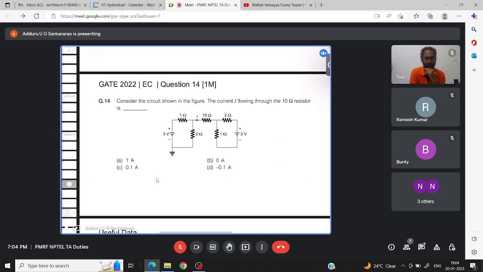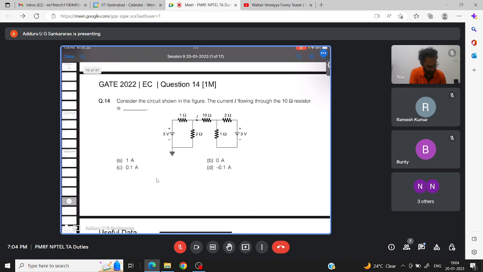Consider the circuit shown in the figure. You need to find the current I flowing through this 10 ohm resistor. Can somebody tell me how to do this?